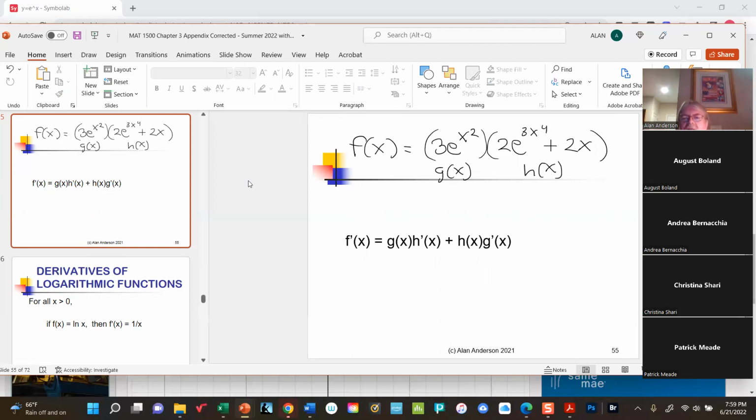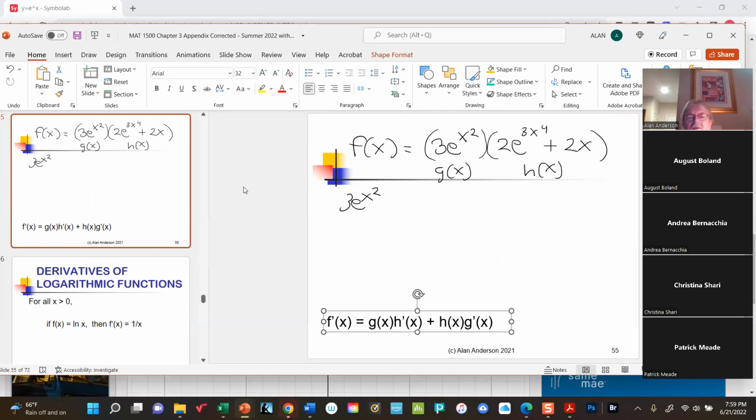Okay, let's see. Now we had one just like this, 3e to the x squared. Technically, that one should be done as a product rule. Same thing over here. Let's just analyze this one by itself.